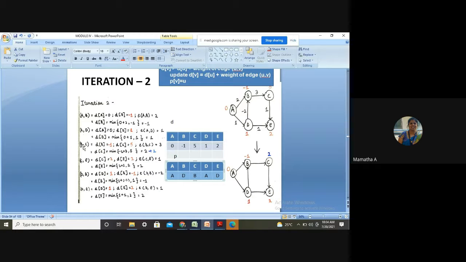Next comes BC. You can see DB is -1, DC is 5, and the edge BC is 3. So what is DC now? Minimum of -1 plus 3, comma 5. What is the updated value of DC, students? DC is what? 2, ma'am. 2.